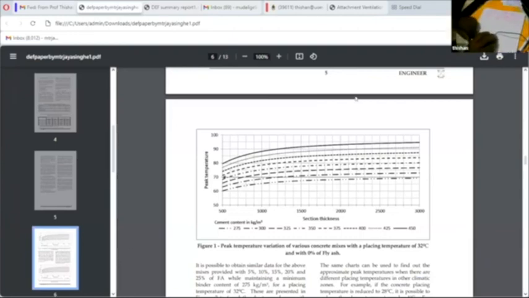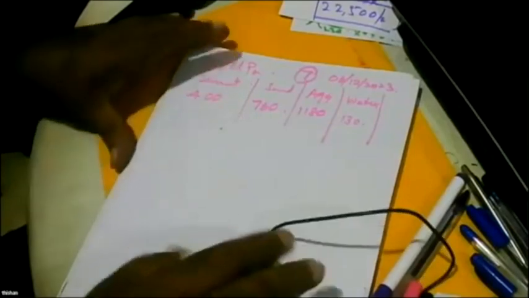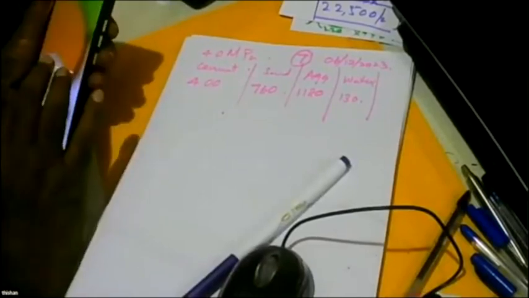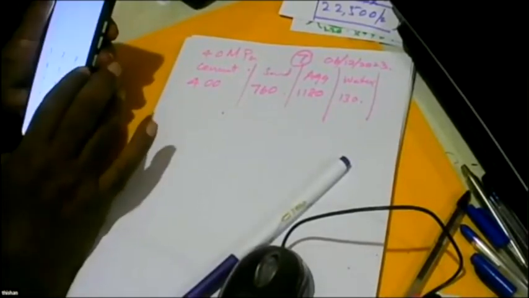Right, so I'll stop here. Now what will happen to the cost? The cost will be much higher, very much higher.